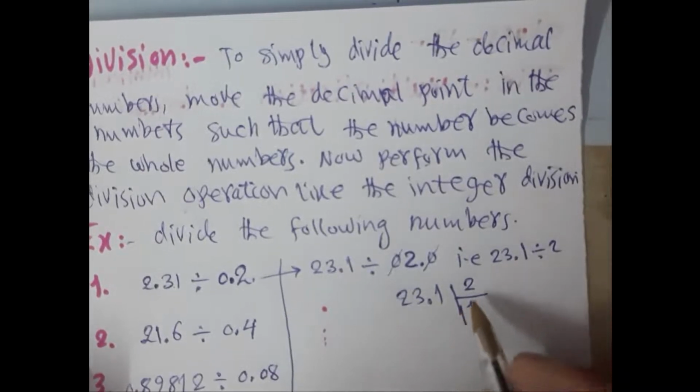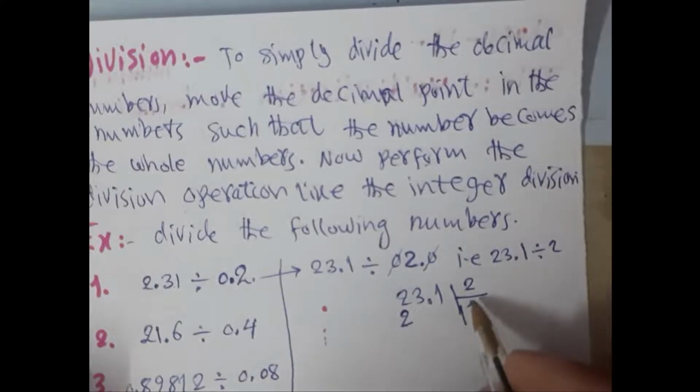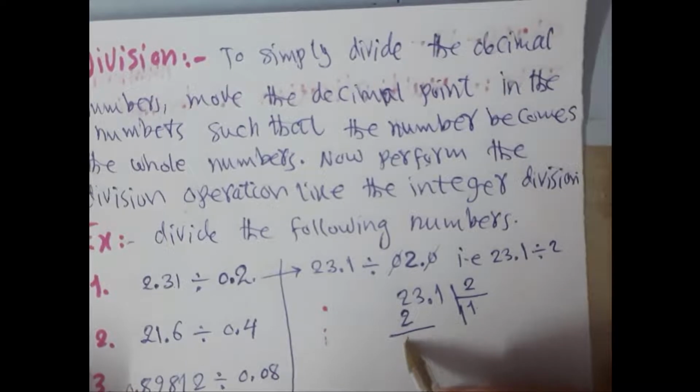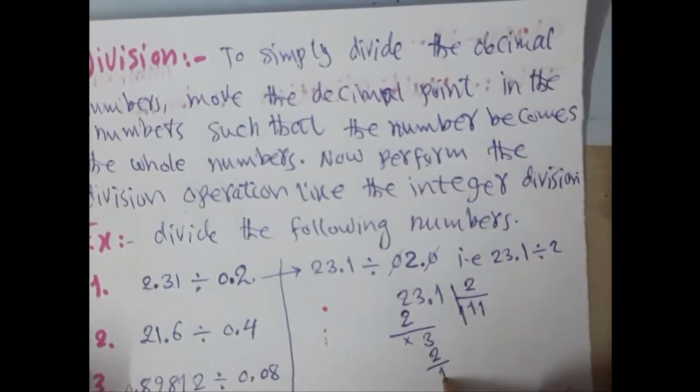1 multiplied by 2, 2. Here we bring 3. 3 divided by 2, 1 time. 1 times 2, 2. Here we have 1.